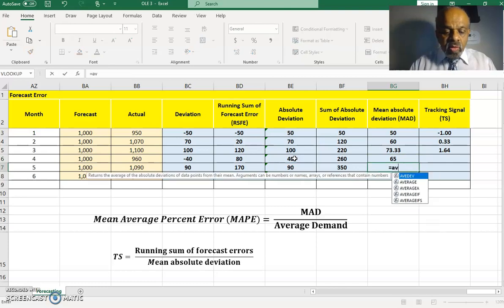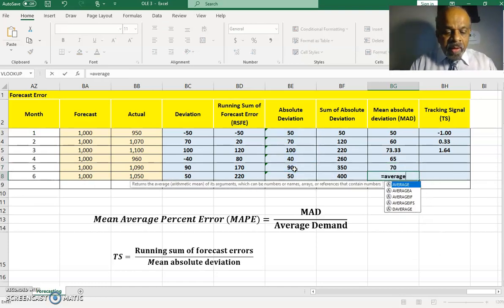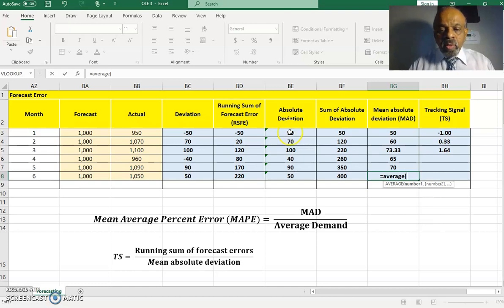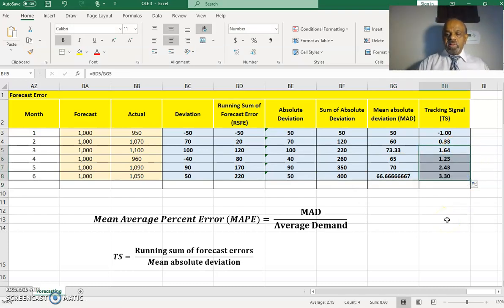And this is going to be the average of the 5 months. And this is going to be the average of the 6 months. Now I'm going to copy and paste this, and I'm going to get my tracking signals.